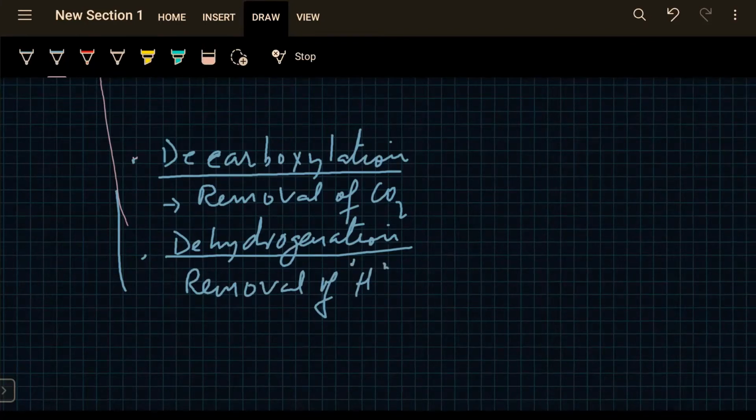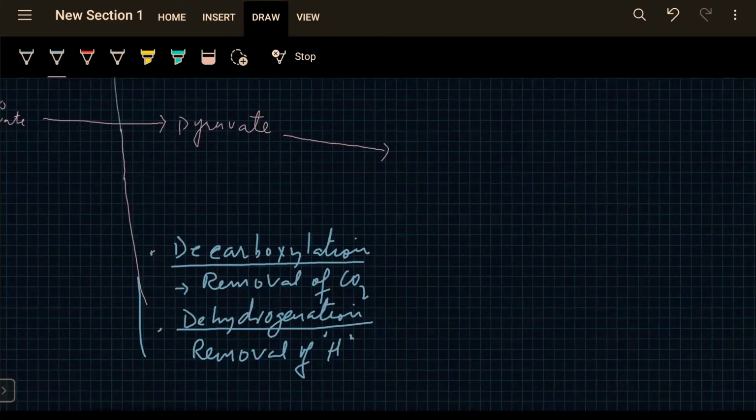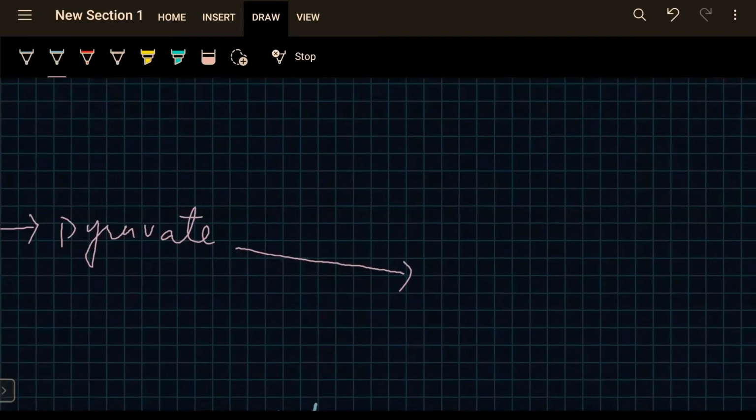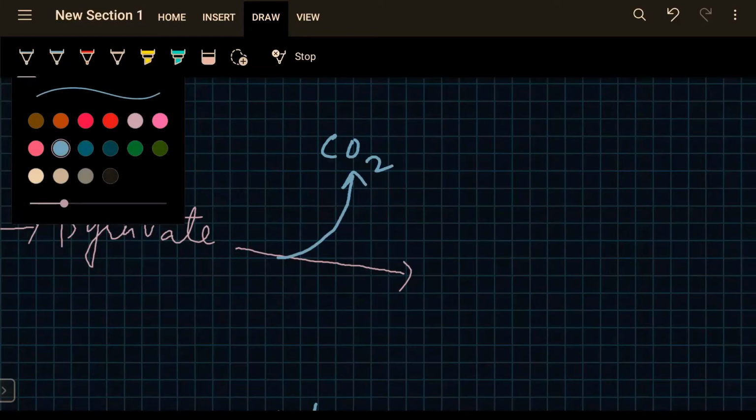So here you see pyruvate is decarboxylated and dehydrogenated. Decarboxylated means a carbon dioxide is removed out of it, and dehydrogenated means a hydrogen is removed out of it.